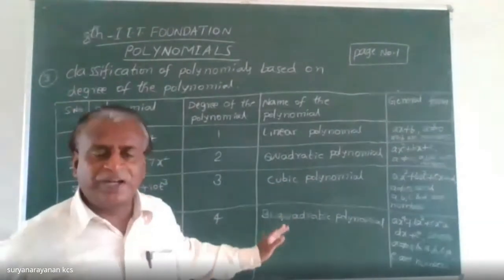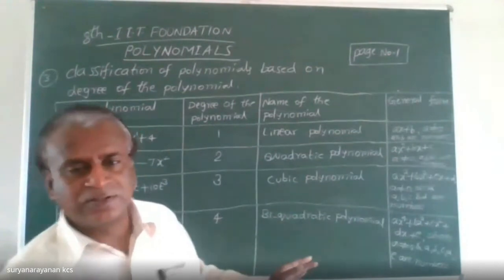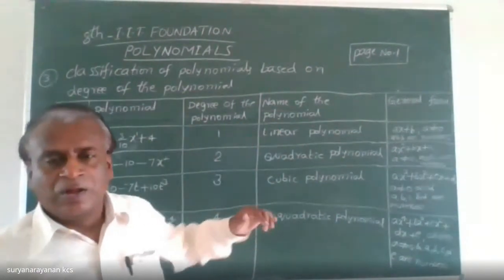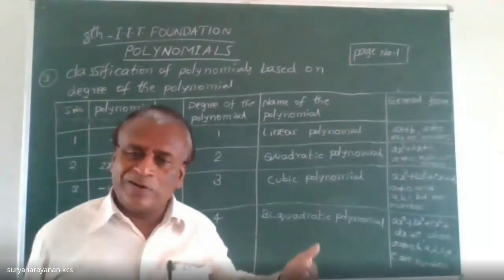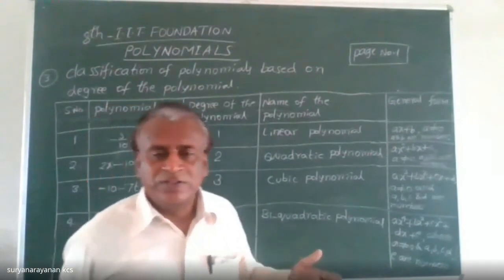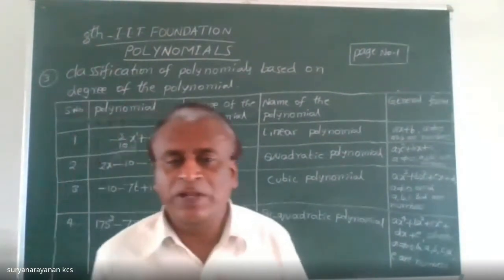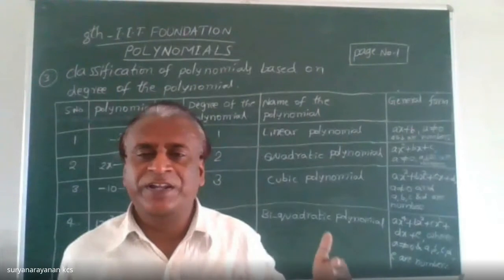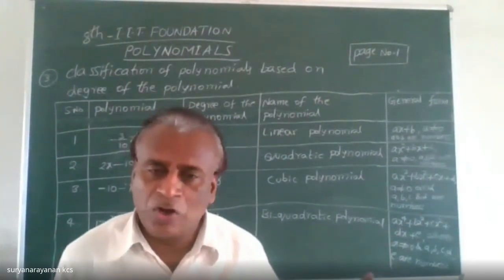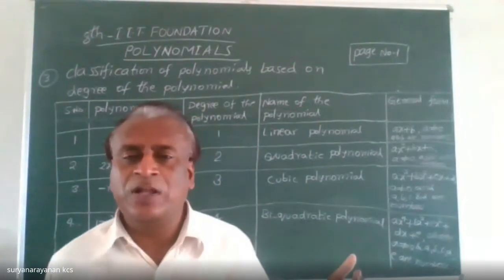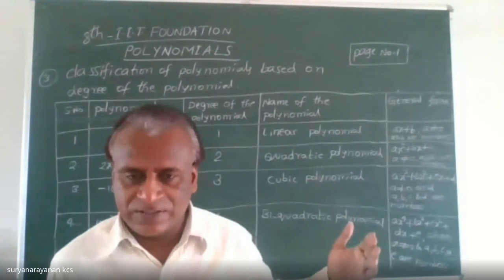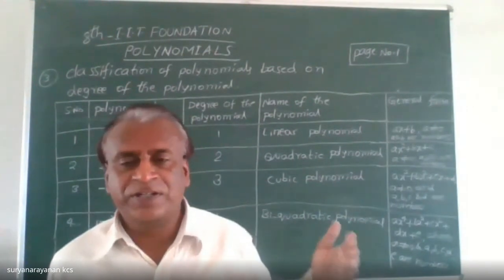Generally, we study polynomials of degree 1, degree 2, degree 3, and degree 4. If the degree of the polynomial is more than 4, generally we call it a polynomial of degree 5 if the degree is 5, and a polynomial of degree 6 if the degree is 6.